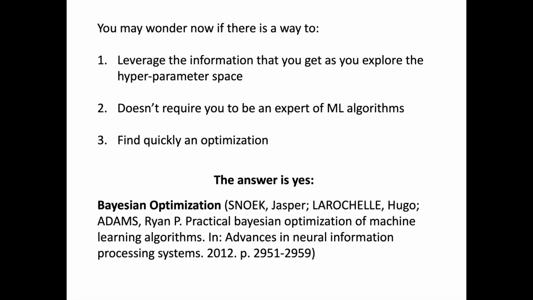And also, is there a way to tune your hyperparameters in an agnostic way, that is, without being an expert of the algorithm that you're tuning? And is there a way to find a quick optimization?